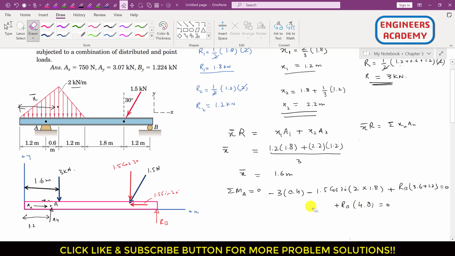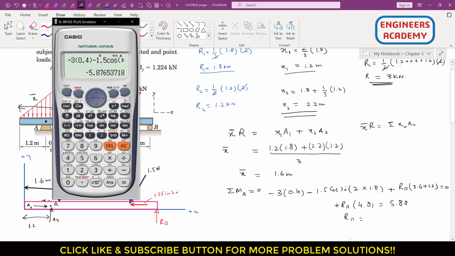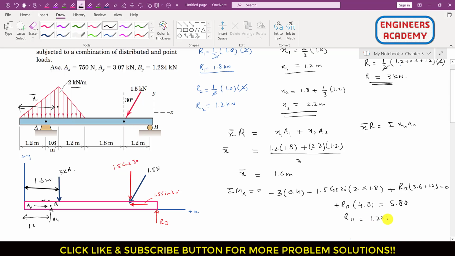So from this we can write that 4.8 RB equals to 5.88, and RB equals to 5.88 divided by 4.8. So this is again RB equals to 1.225 kilonewton.